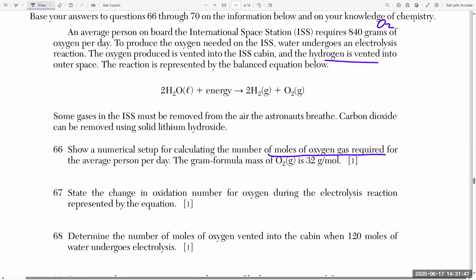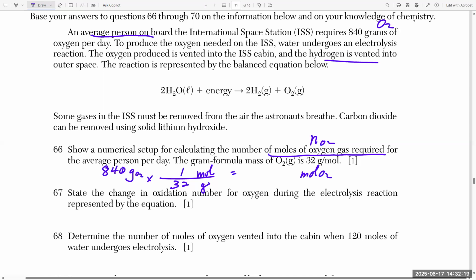All right, so what do we know? An average person requires 840 grams of O2 per day, right? They want moles of O2, so we know it's grams per mole, and it's given to us, 32 grams per 1 mole, right here.